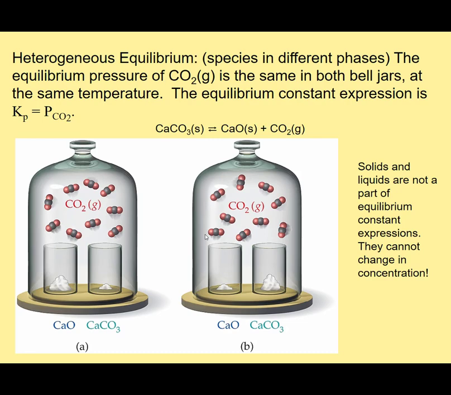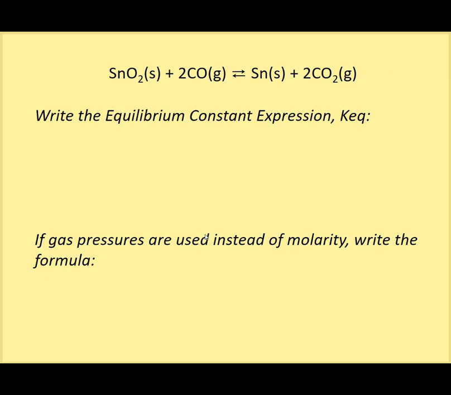It doesn't matter where you start as far as the amounts go, but all the solids do need to be present. If one of the solids was not present, then this reaction would not go and we would not achieve balance. But you see we do end up with the same pressure of CO2 no matter where we start.